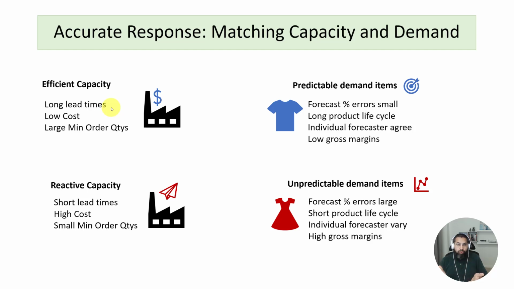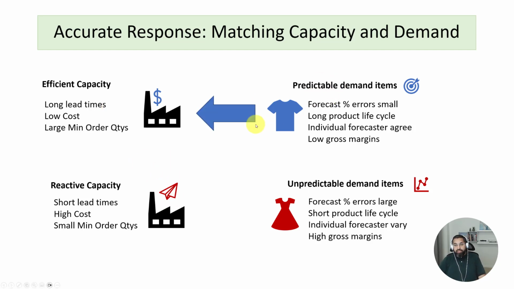So what's the point of producing only half the quantity of white t-shirts, or 70%, and leaving 30% for reactive capacity, because my unit cost will go up. Reactive capacity is usually more expensive. Why not just produce the entire quantity I expect to sell using efficient capacity, because my forecast is accurate and my unit cost will be lower. I'll make more money on every shirt, right?